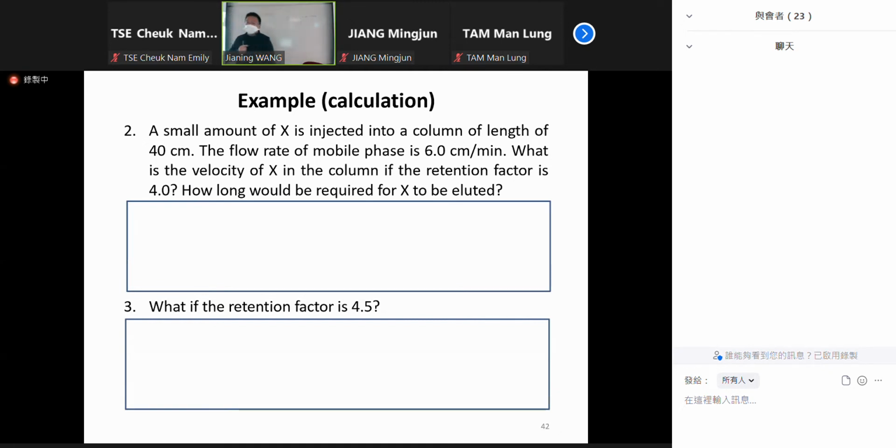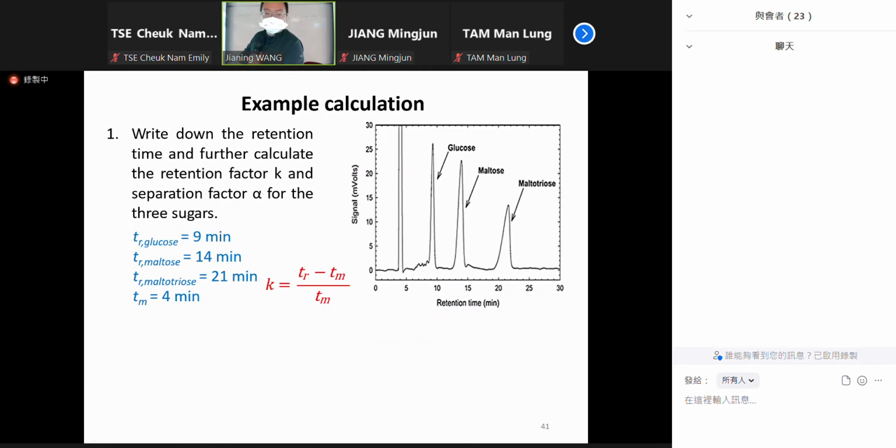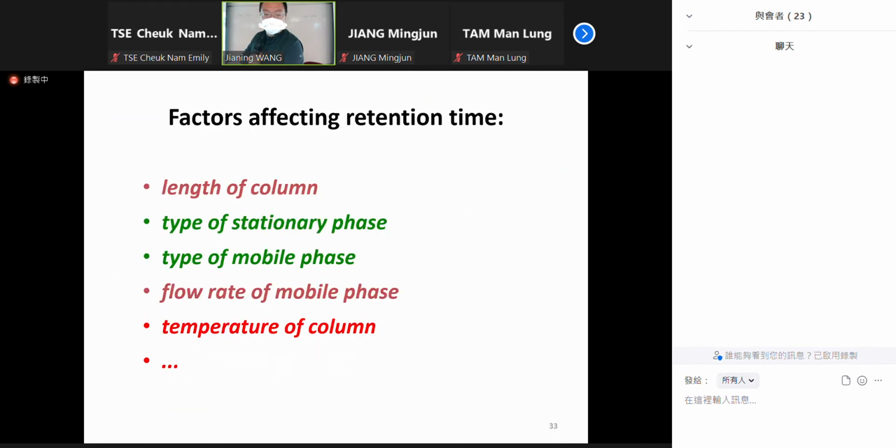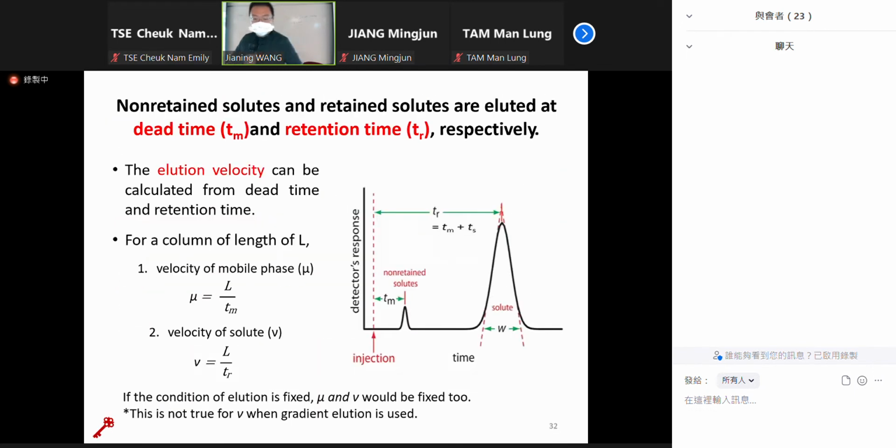So usually when we consider this question, we just go back and find the basic definition. So how do we resolve this problem? We go back to here, right?